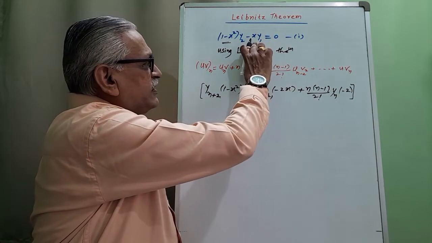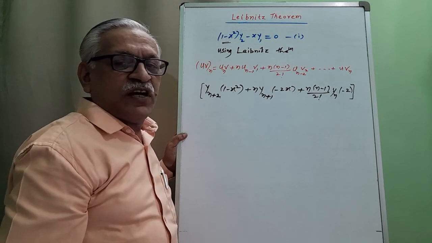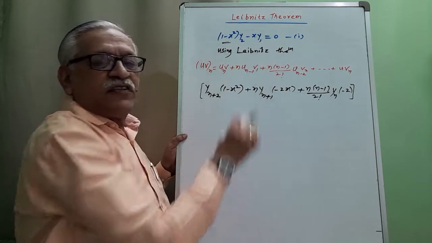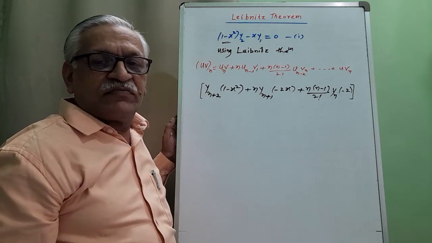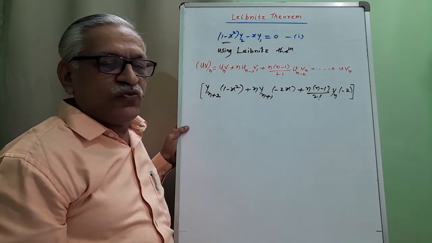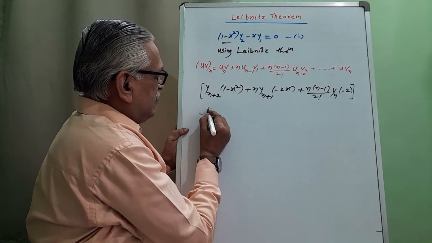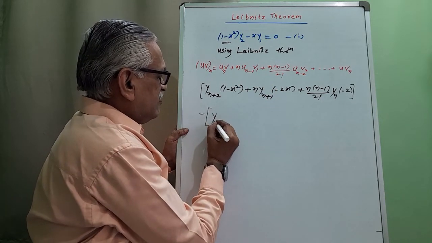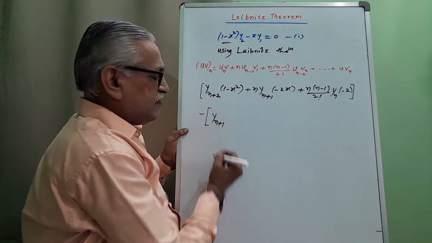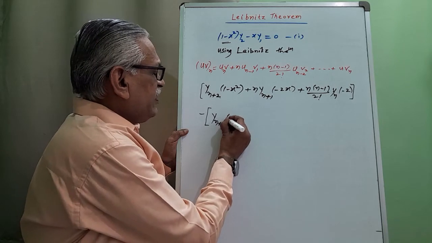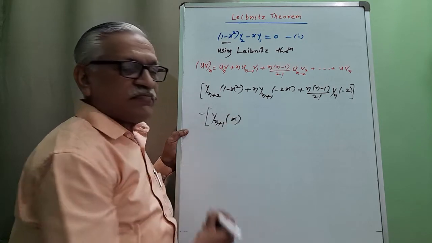Then differentiating the second term also with respect to x n times, applying Leibniz theorem, we consider x as v and the remaining as u. Therefore, nth derivative of y1 we get as yn plus 1, adding n with that suffix 1, into v, it is x.